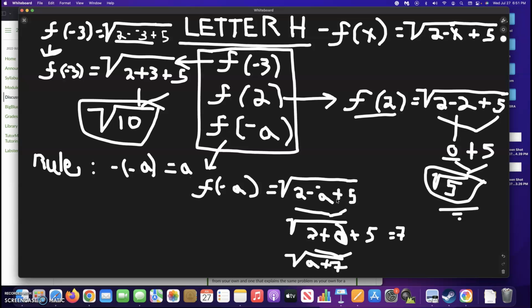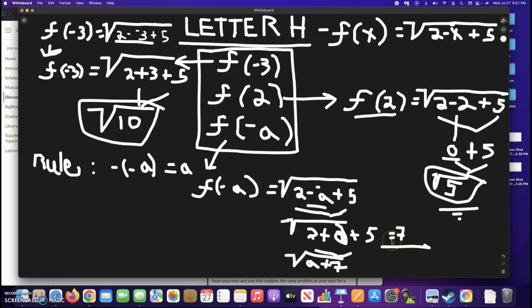The focus here should be the 2 and the 5, and the negative, because a negative minus a negative is a positive. So what you basically do is the square root of 2 plus a plus 5. I turn that negative into a positive. So 2 plus a plus 5, and 2 plus 5 equals 7.